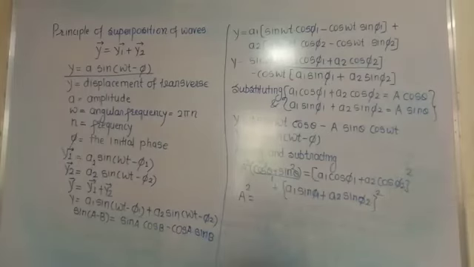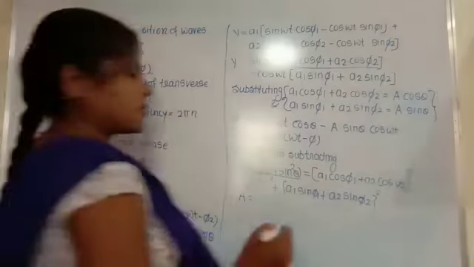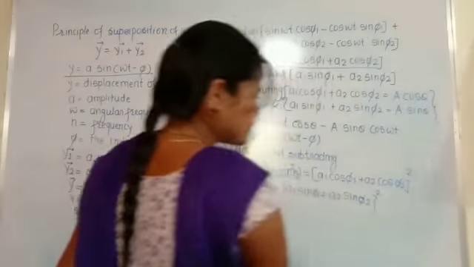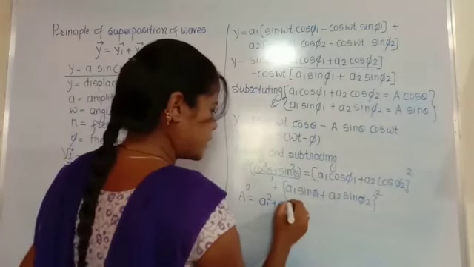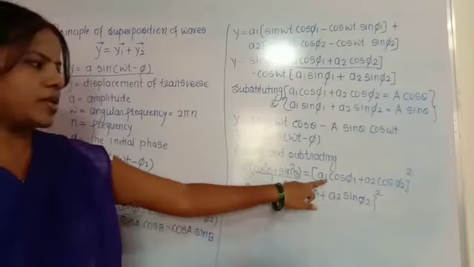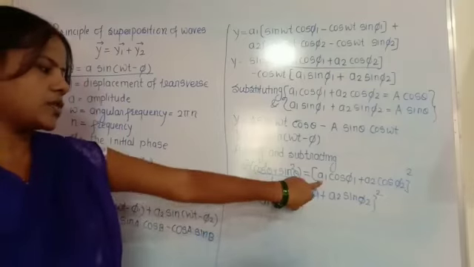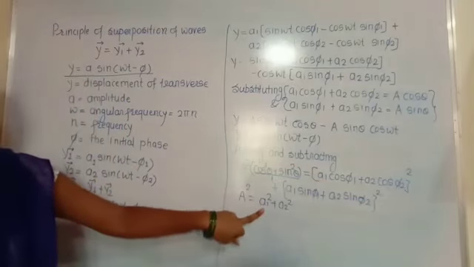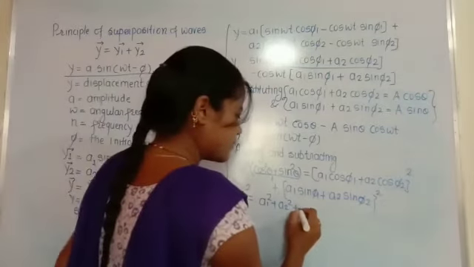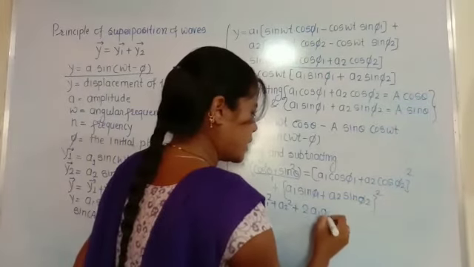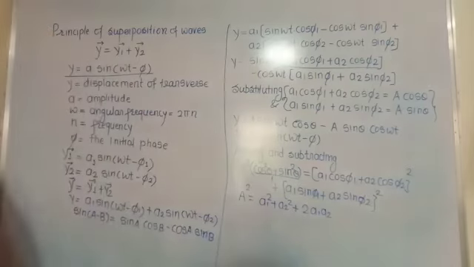a1 square plus a2 square, plus twice a1 a2 after taking the square.